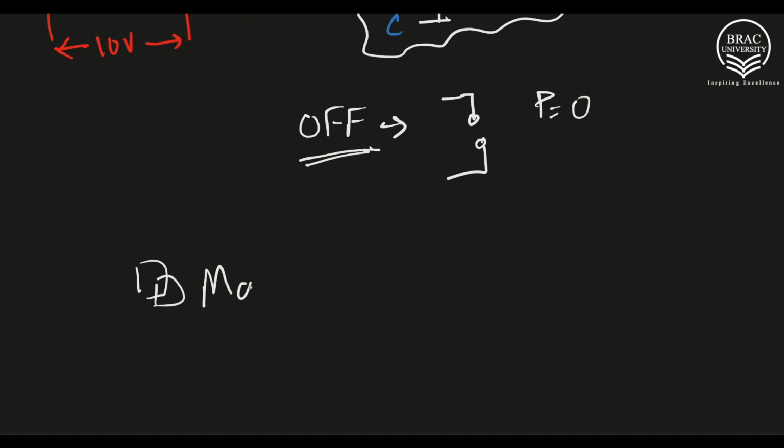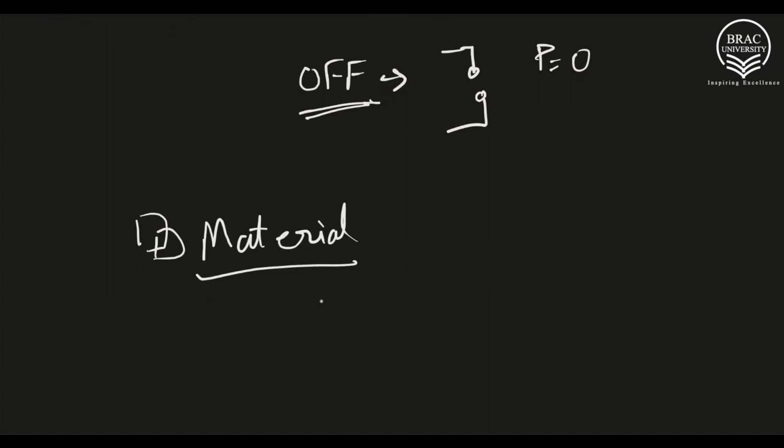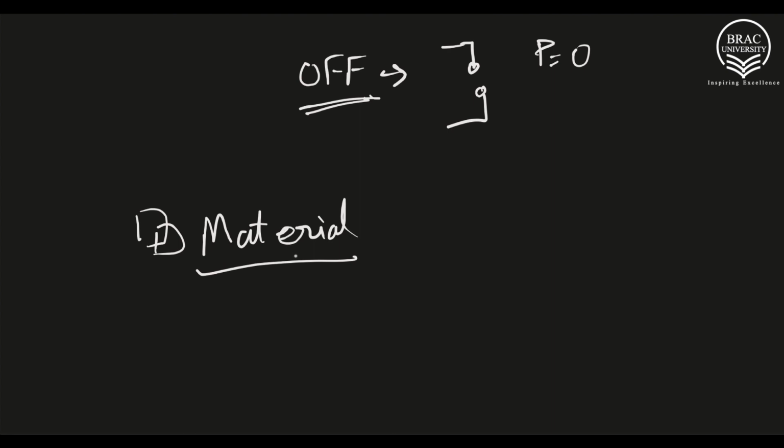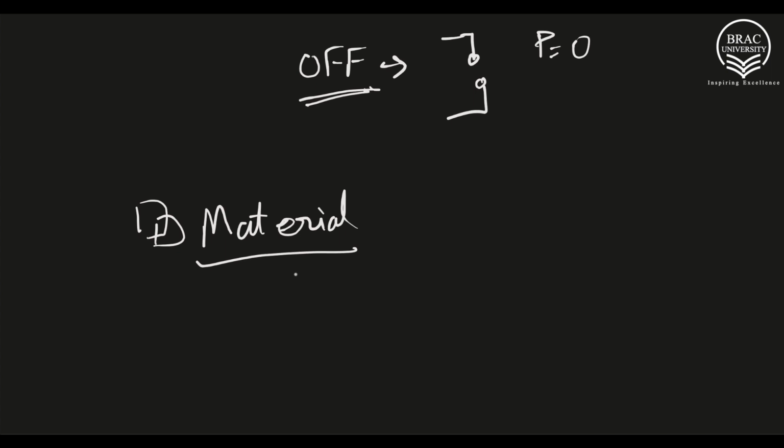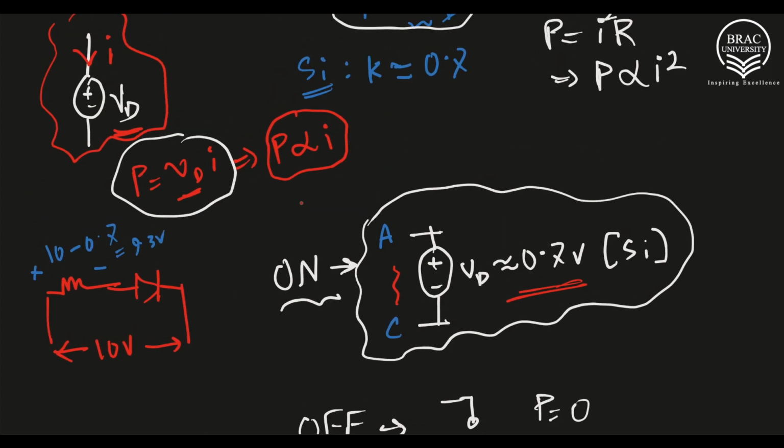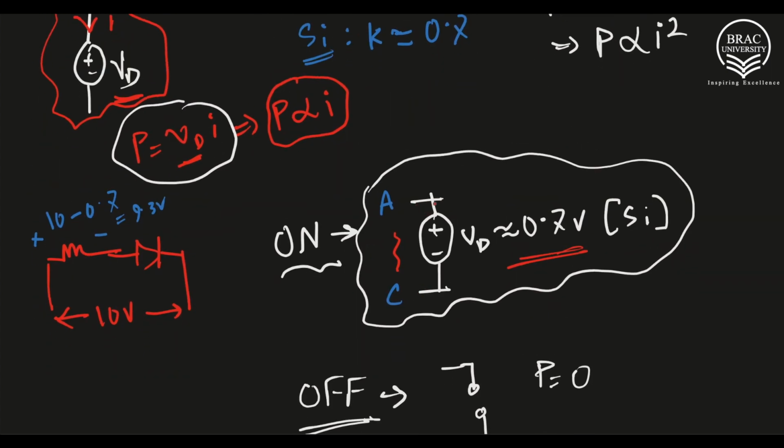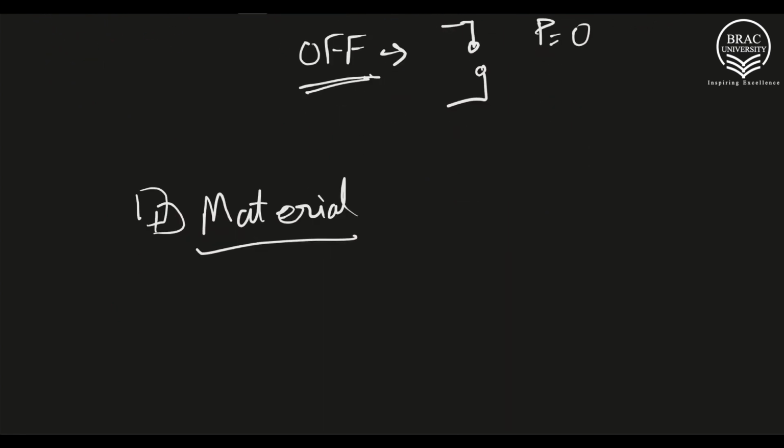Now what about the material? The diode is made of a real material, and every material, even if it is a conductor, has some resistance. So instead of a short circuit, we can model this as a voltage source Vd in series with a resistance.